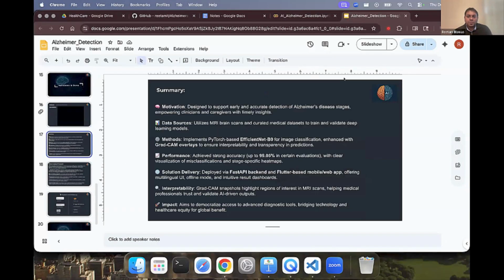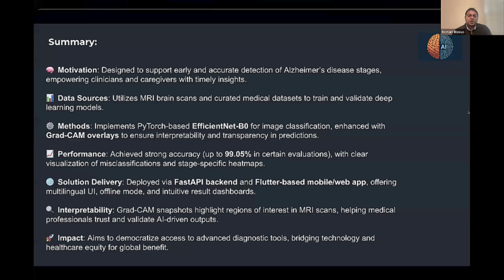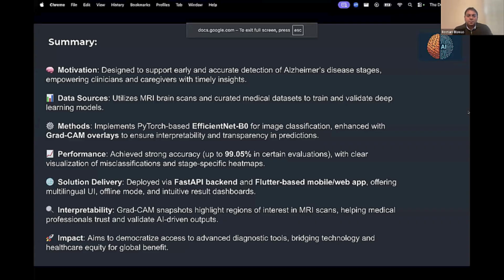So moving along, maybe just to summarize, the main objective is to build similar models mostly for the healthcare areas. And this is an example where I covered Alzheimer's disease to classify different classes.